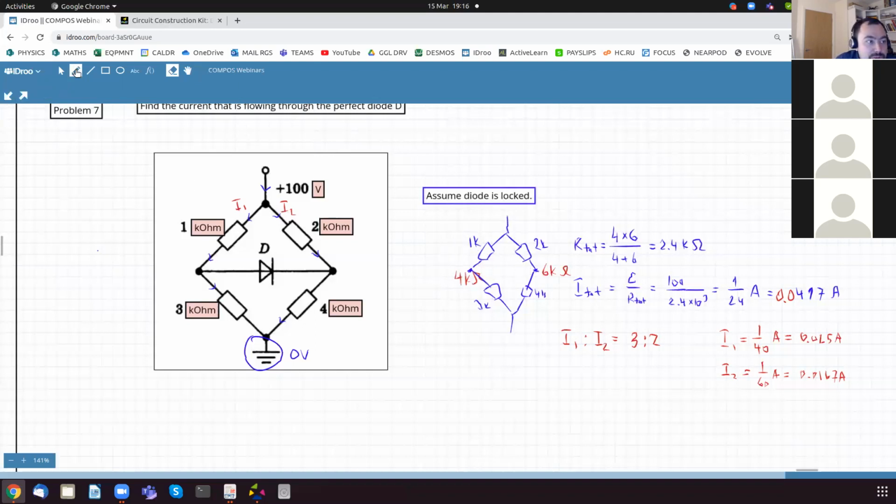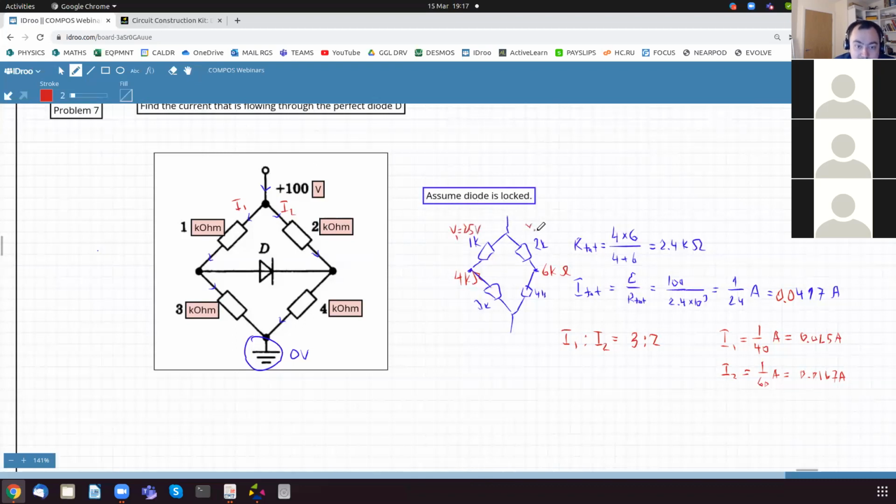The voltage on the first resistor is equal to current times resistance. So I1 is 0.025 times 1000. Oh, it's 25 volts. 25 volts.